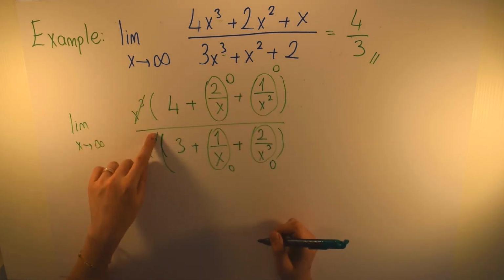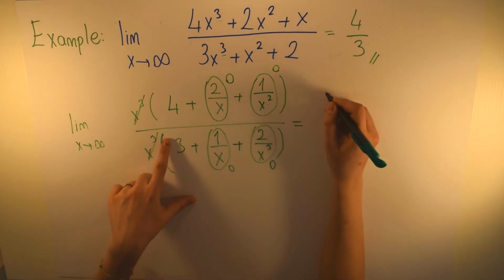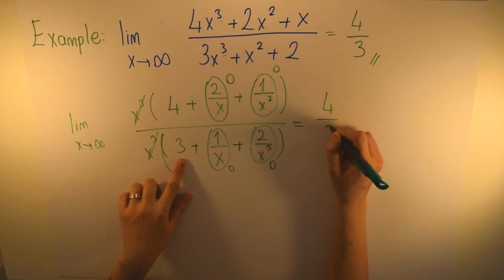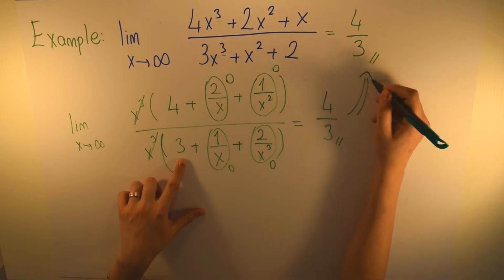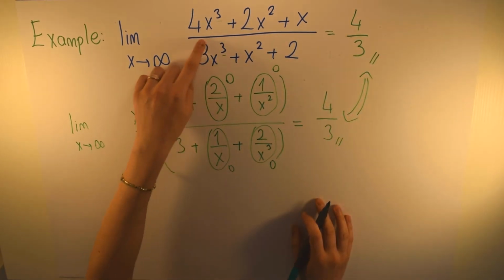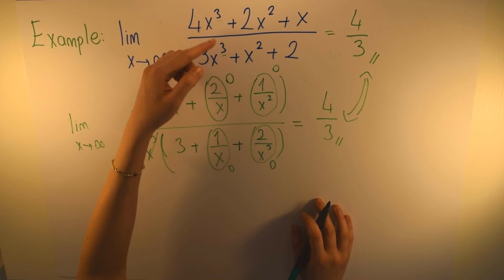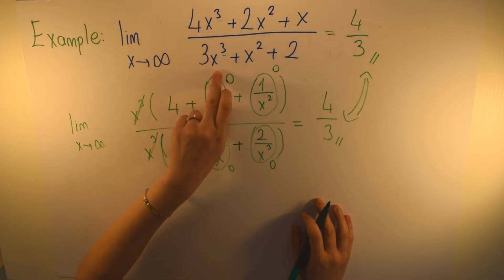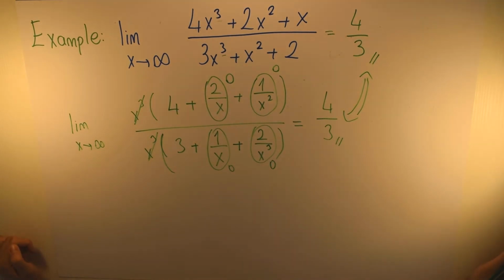So we already canceled out these two, and now our limit is equal to 4 over 3. So we got the same answer. When you see this kind of polynomials in the numerator and denominator, if their highest degrees are equal to each other, you just take the ratio of their coefficients.